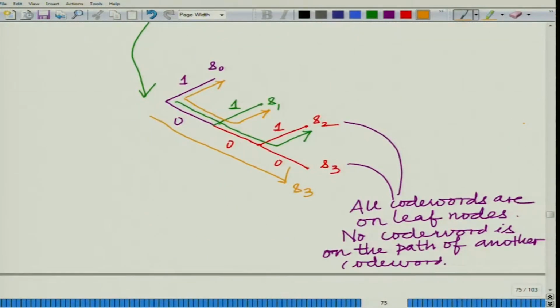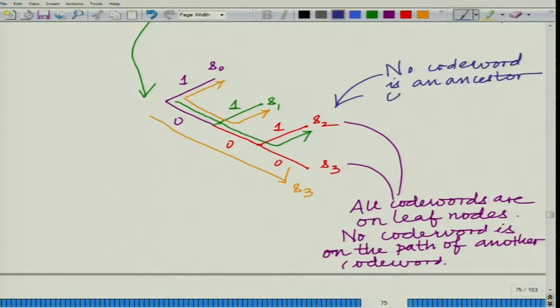However, here no code word is an ancestor node for another code word.